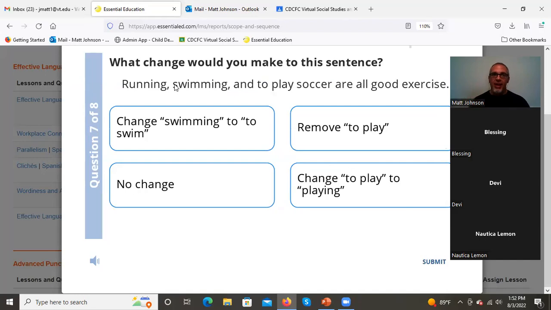Into an activity, so it's a thing. Running, swimming, and playing soccer are all good exercises. What we want to change here is play to playing.